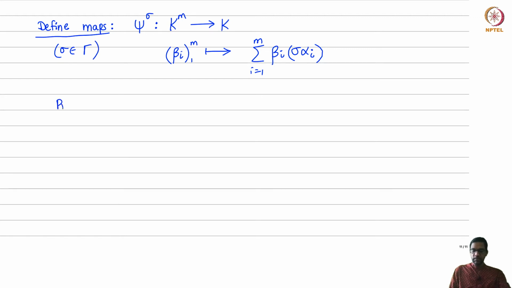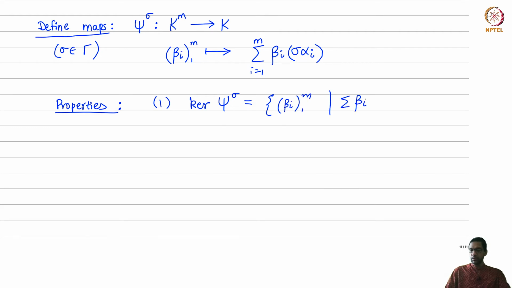Okay. Now, what are the key properties of these maps? Well, the first property: the sigma alpha_i are linearly independent, thought of as over the base field F. So the linear independence tells you the following. If you look at the kernel of this map, in other words, the collection of m-tuples which map to 0, the sum over i equals 1 to m, well, in general there will probably be many of these, but observe the following: the kernel of psi_sigma does not intersect F^m.